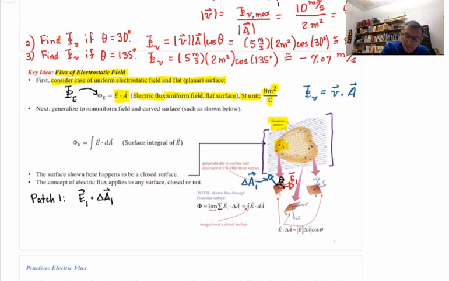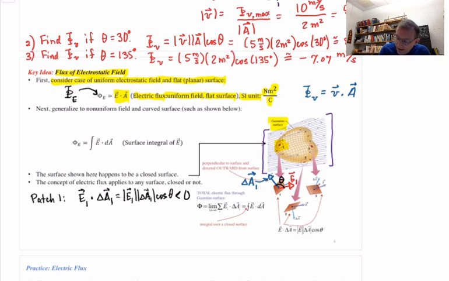And so that would still mean that I do magnitude of E1, magnitude of delta A1, cosine of the angle between the E1 and the delta A1. And because that's greater than 90, this is going to end up being a negative value. But that's the contribution to the flux from that one little patch.